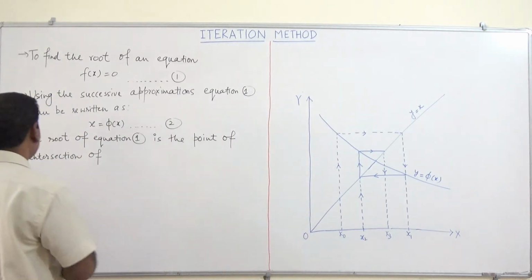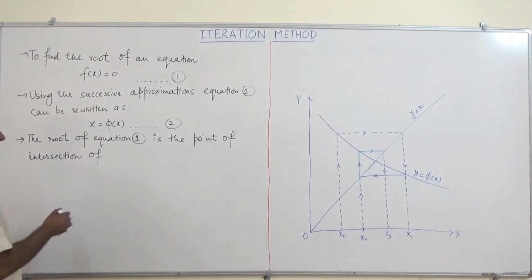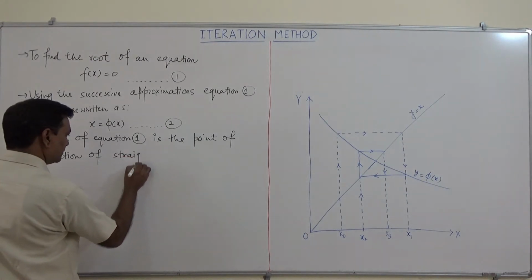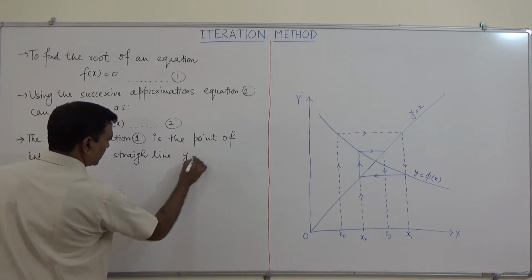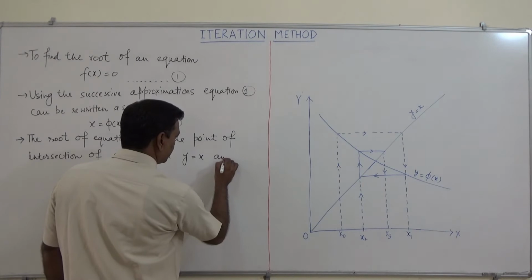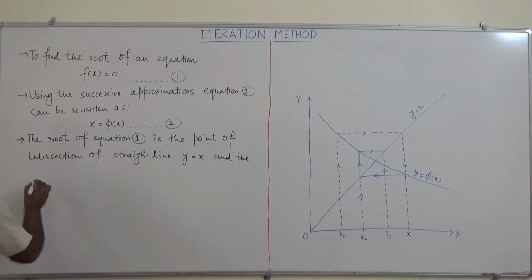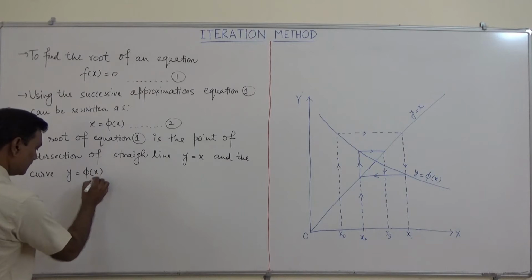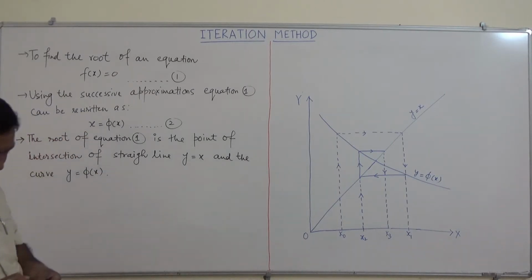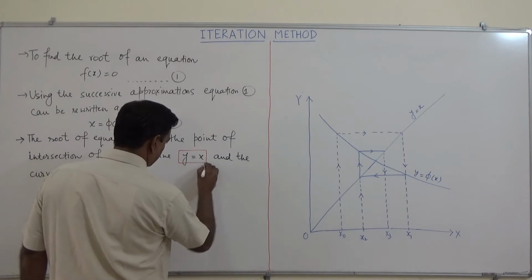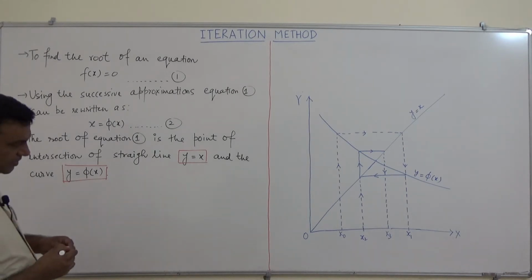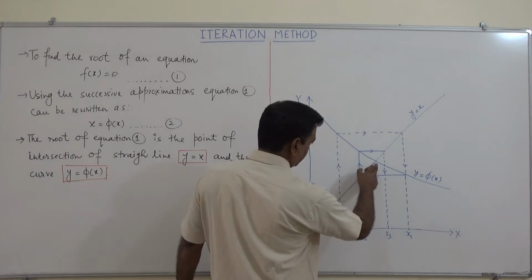We can write that the root of equation 1 is the point of intersection of the straight line y equals x and the curve y equals phi(x). We want to approach this point.